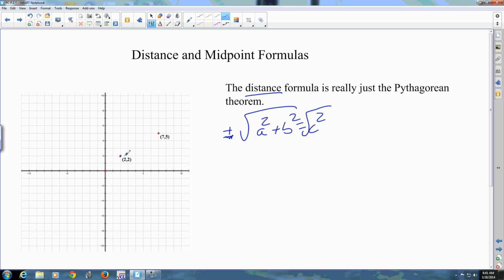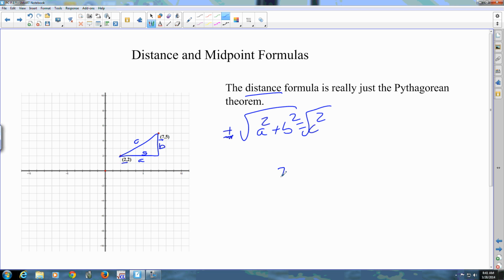All right, if I'm going to draw a right triangle here, I'm looking for the distance between the 2 points, so I'm looking for c. I can find the length of this side and find the length of this side. This side is 1, 2, 3, 4, 5 units long. How do you get 5 using these numbers? Notice it's the difference in your x values.